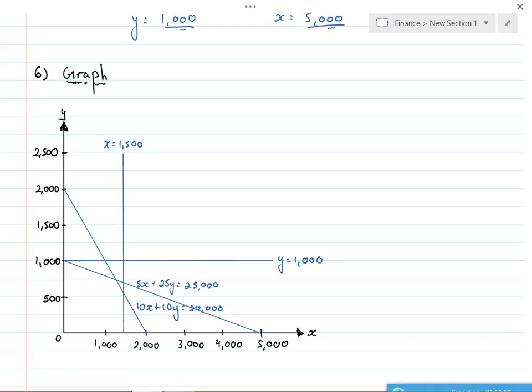Before you find the region, which area you have to shade, everything is less. Everything is what? Less. Okay, less. Everything going to be less.